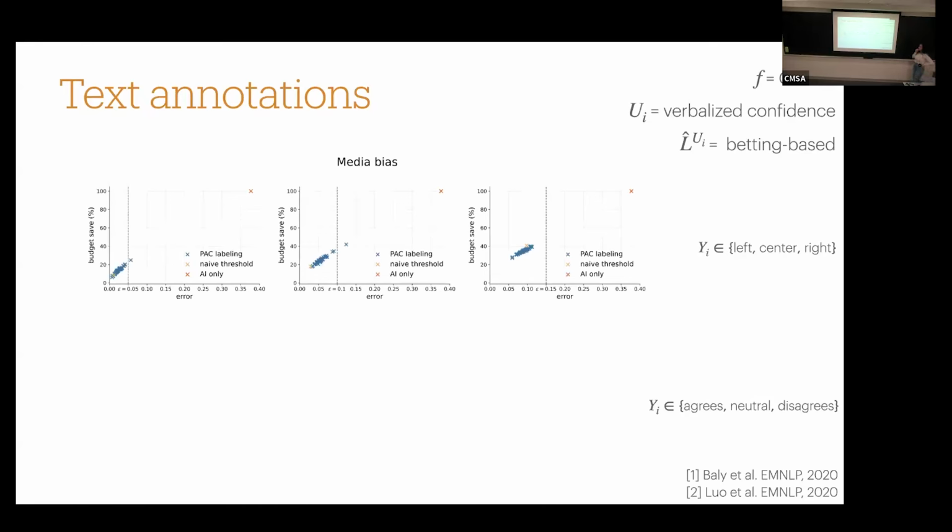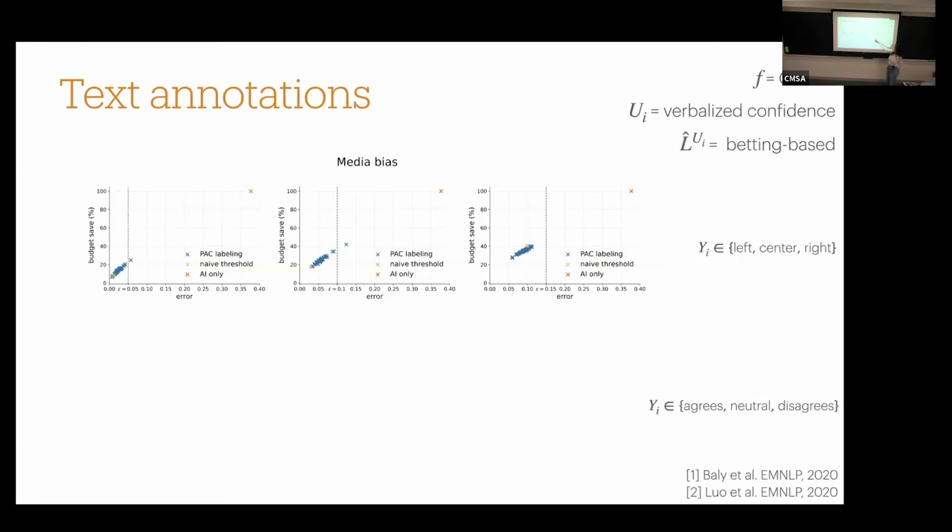Okay, and so here I'm showing you some results for the first example, for the media bias example. So going from left to right, I'm just varying the value of epsilon, my error threshold, so it's 5%, 10%, 15%. On the y-axis, I'm showing you the fraction of budget saved, basically how many human labels we didn't have to collect because we are using GPT-4o.